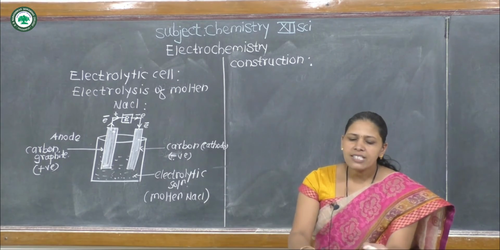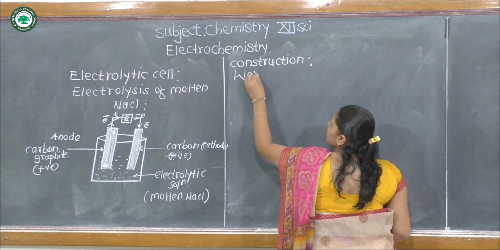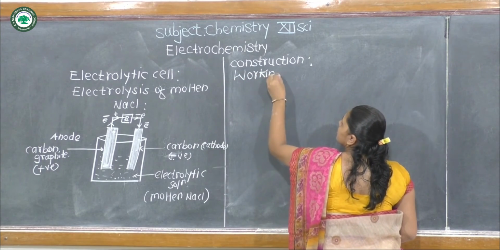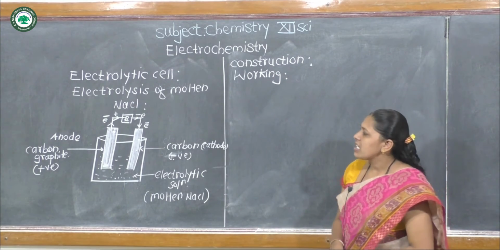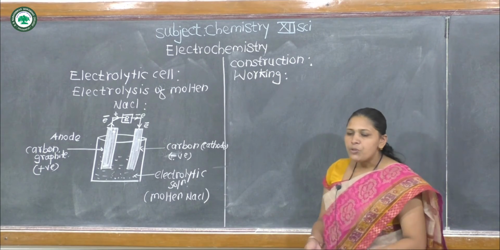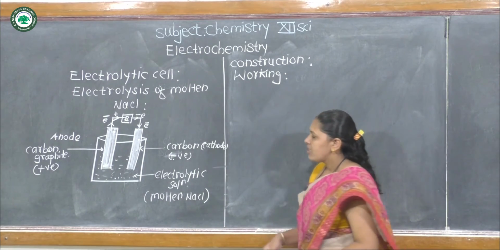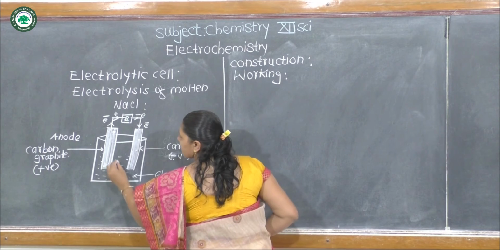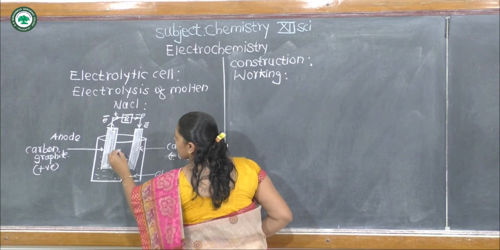Then next is working. We know that fused NaCl consists of two ions, that is Na+ ion and Cl- ion.